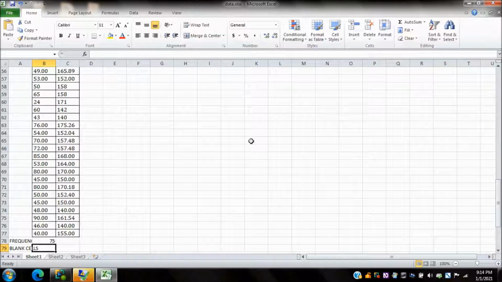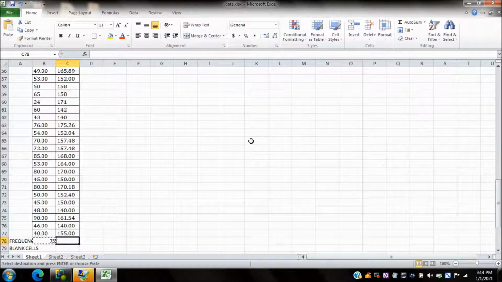I'll check. 75 as formula B78. So 75 is the frequency, meaning 75 cells under the weight column have numerical values or numerical content. And I'll copy this formula to find the frequency under height.